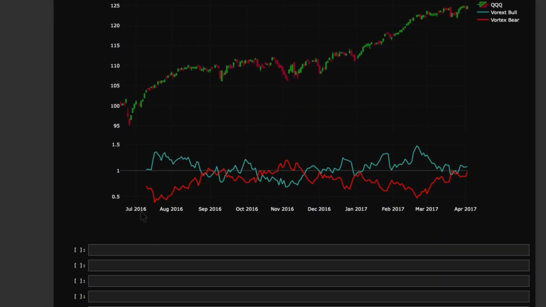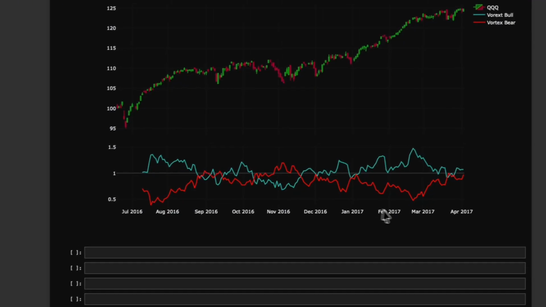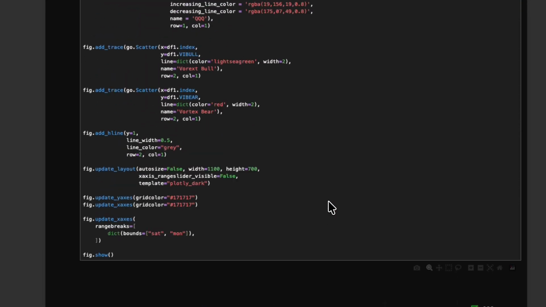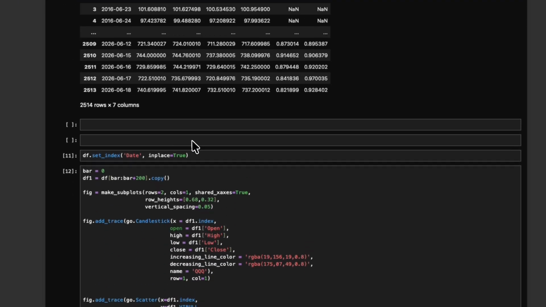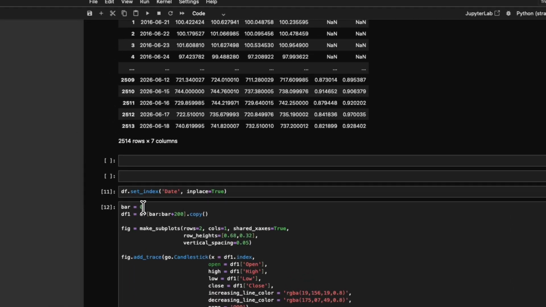You can see we're rendering data from the start of our data set here. If you remember, we need 14 periods before we can actually render any sort of data for these two lines. And that gap there is evidence of that basically. But if we go in and change the slice of data that we want to render on our chart, you can see here that we've got 2,514 rows.